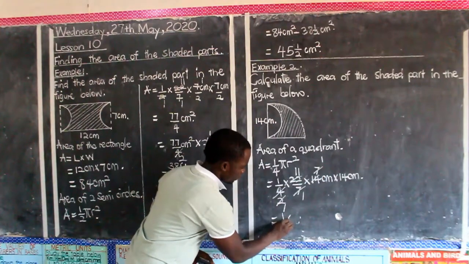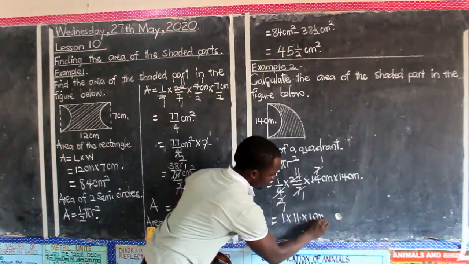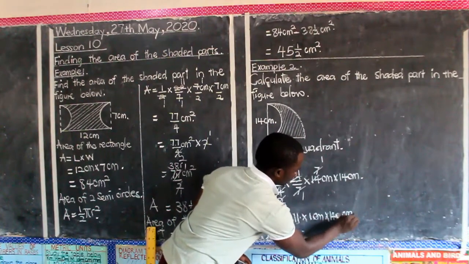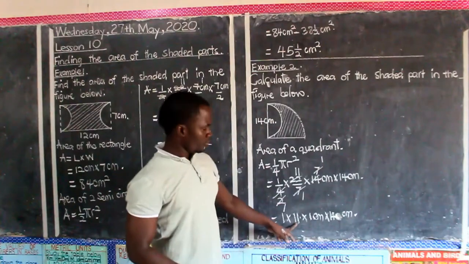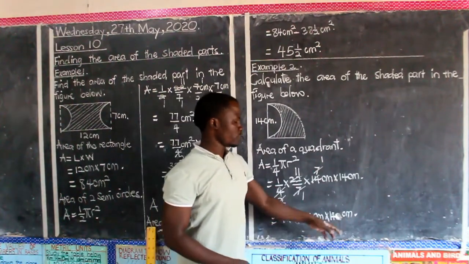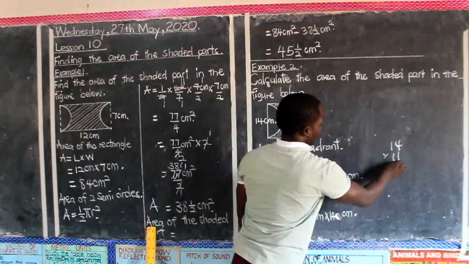So this is now 1 times 11 times 1 centimeter times 14 centimeters. So 1 times 11 is 11. 11 times 1 centimeter, you get 11 centimeters times 14. We have 14 times 11. What do we get?